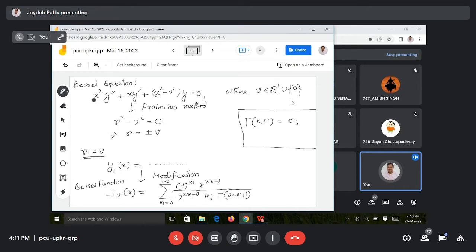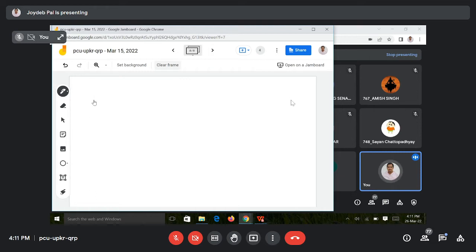So it is the general formula for the Bessel function J nu x. It equals summation m from 0 to infinity, minus 1 to the power m, x to the power 2m plus nu, divided by 2 to the power 2m plus nu, m factorial, into gamma of nu plus m plus 1. Now I can draw a special case whenever nu is an integer.